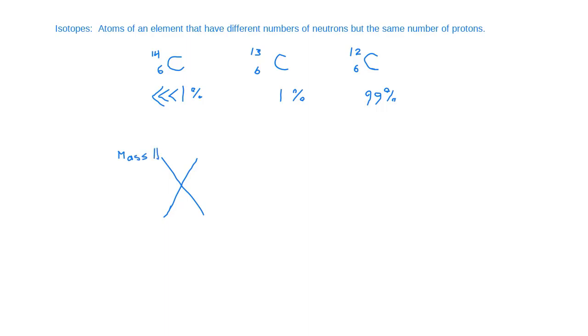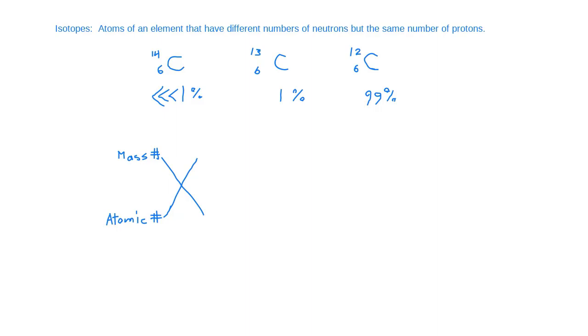The top number is the mass number, and the bottom number is the atomic number. You have the mass number on top, and you have the atomic number on the bottom.